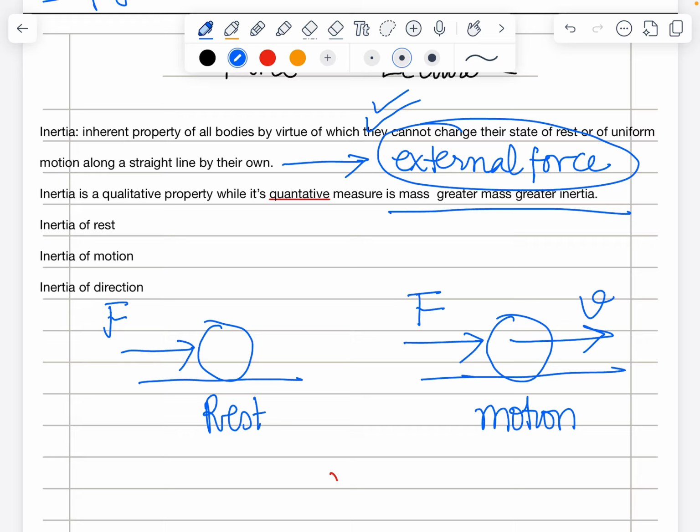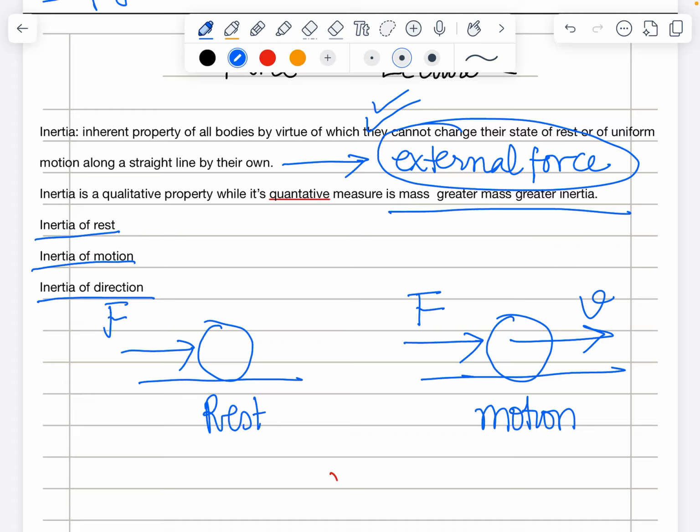Now there are three types of inertia: inertia of rest, inertia of motion, inertia of direction. Now what is inertia of rest? It is the inability of any body by virtue of which it opposes any change in its state of rest by its own. It is clear.